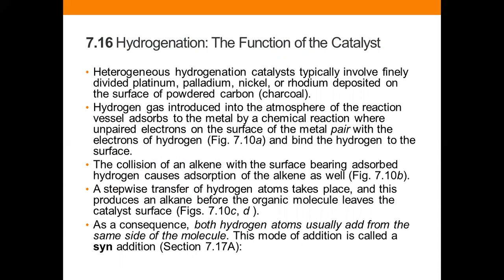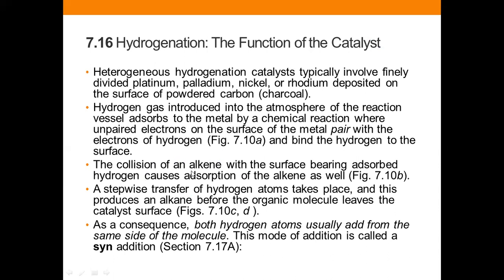So I have already mentioned the heterogeneous hydrogenation catalyst, which typically involves finely divided platinum, palladium, nickel, or rhodium deposited on the surface of carbon or charcoal. We use hydrogen gas introduced into the atmosphere of the reaction vessel, which adsorbs to the metal by a chemical reaction.